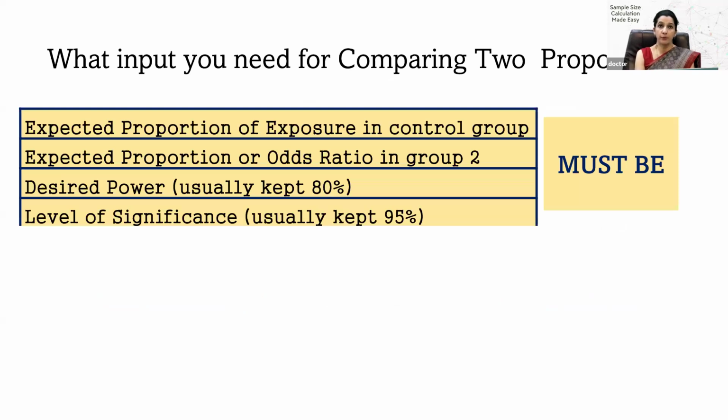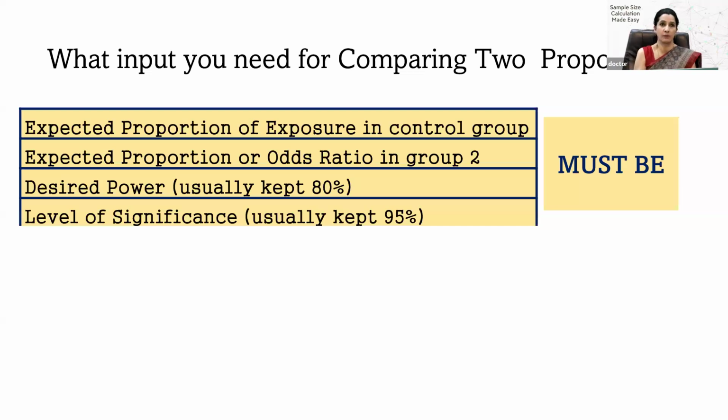Now, what inputs do you need for comparing two proportions? Since you have two groups, a group of cases and a group of controls, you need the expected proportion of exposure in the control group, and you need the expected proportion in group 2, or you can have an odds ratio also, depending on the input you have.